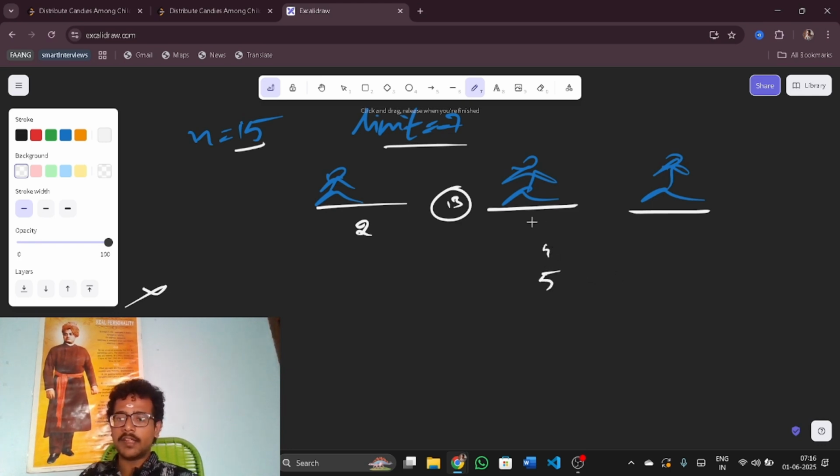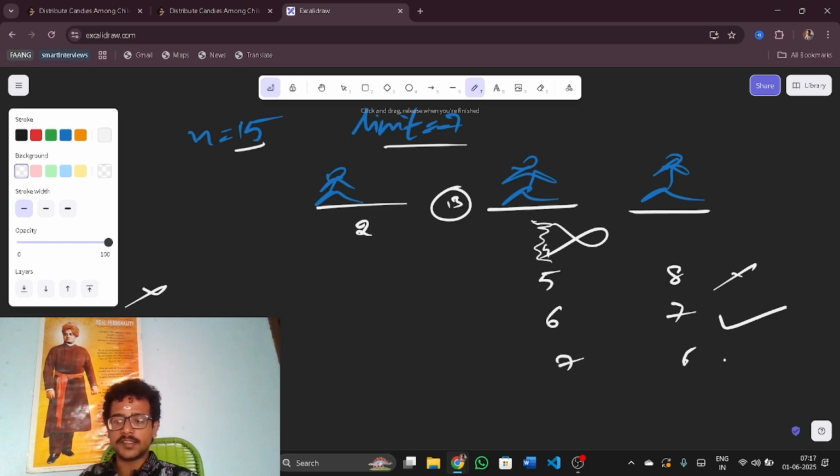Even if I go with 0 until 4, there are no possibilities to distribute the candies to these 3 children. Now 5, what are the remaining? If I give 5 from 13 candies, 8 remain, but this is not possible. 6 and then 7 remaining, this is possible. 7 and then 6, this is possible. 8 and then 5, this is not possible.